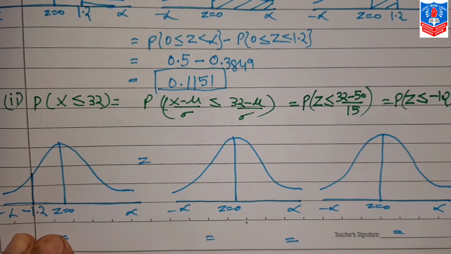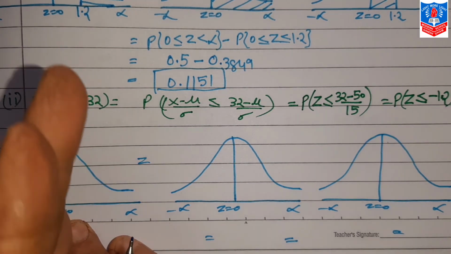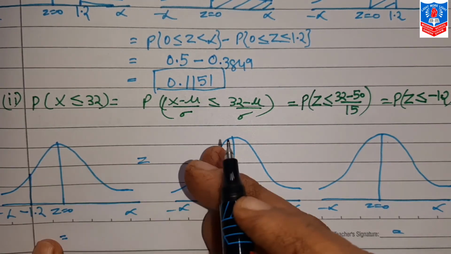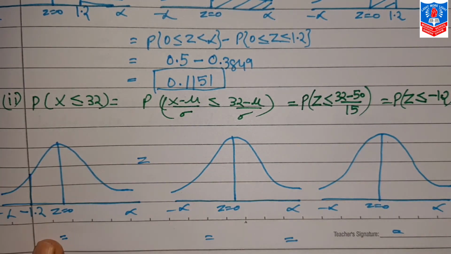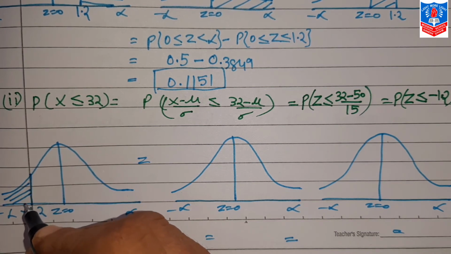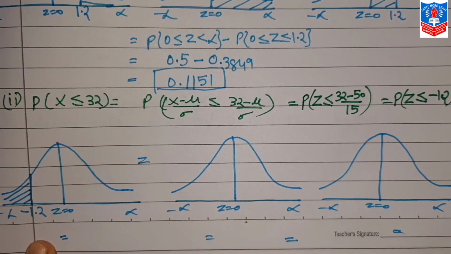This is minus 1.2. It is less. So the area will be on which side? Left hand side. This side it will be greater and the other side, that is the left hand side, will be less. So here the area will be this only. Okay. Now how do we find this area?